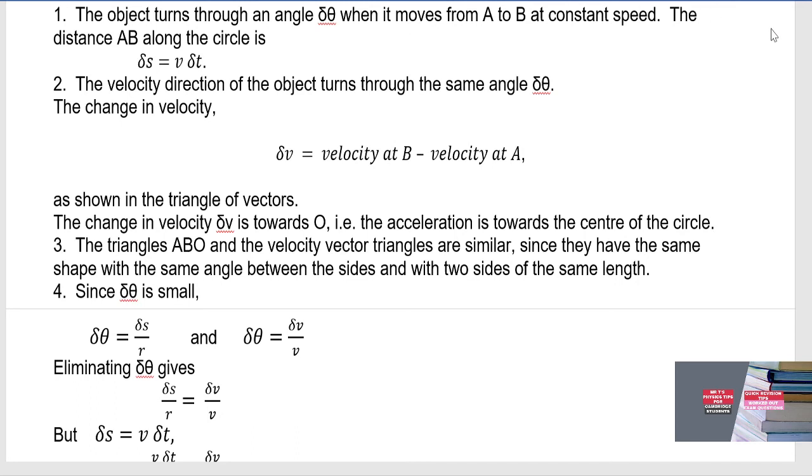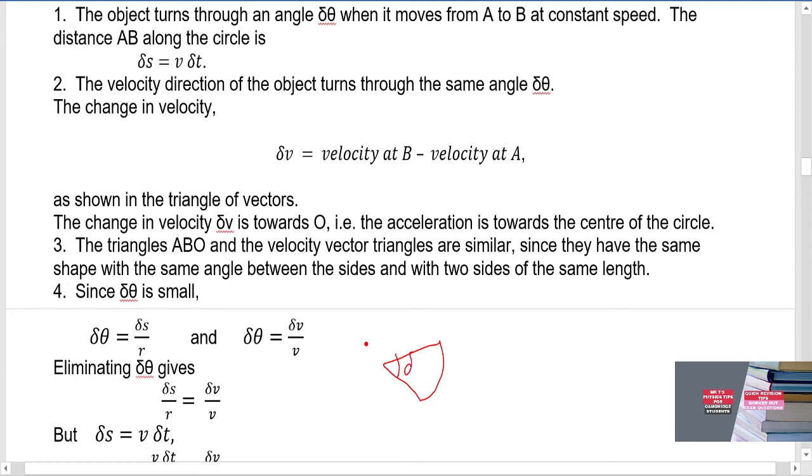Let's see. Right, so our arc is going to be like this with our d theta. Then we have got s and r. So this should be the same as where we have our d theta again being equal to the change, which is dv, over v, which is a constant.